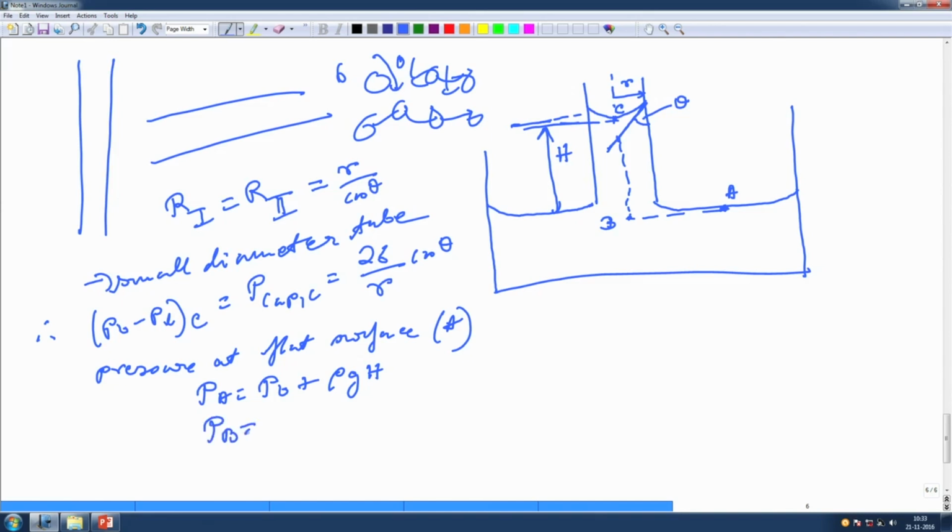P B must be equal to P A because they are at the same horizontal level.